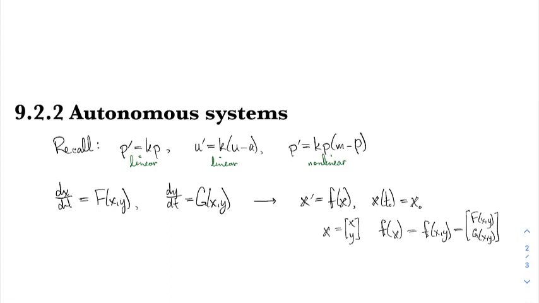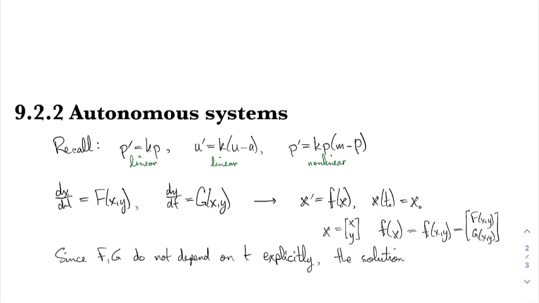And since f and g do not depend on t explicitly, but only through the x and y of t that they have, then the solution for a given initial condition looks just like the solution for when you start at 0.